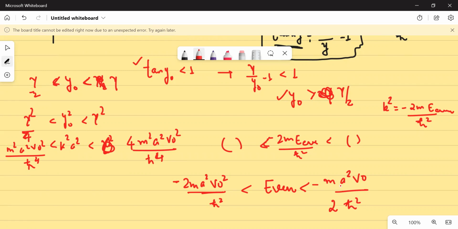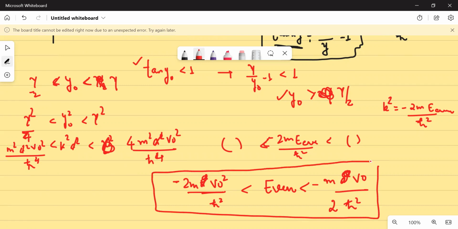Where this a is coming from, I don't know. Oh, the a will also get cancelled. So my even energy would lie between minus 2m v naught square upon h cut square to minus m v naught square upon 2h cut square. Is that clear to you?